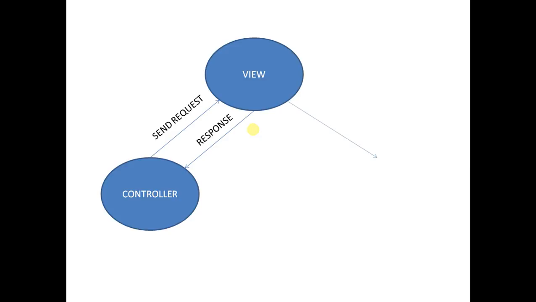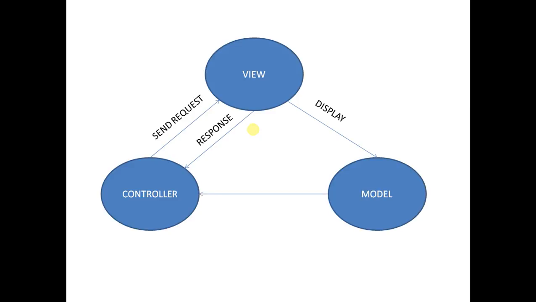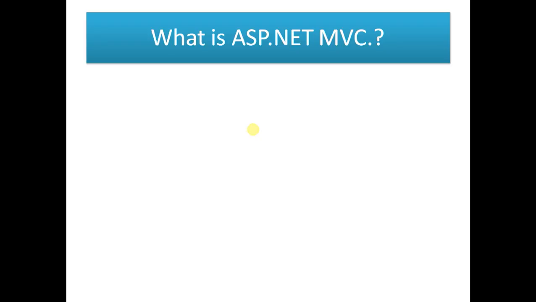The view is also connected with the model and the controller, which takes data from the database and responds back to the controller and so back to the view. So this is the MVC architecture.